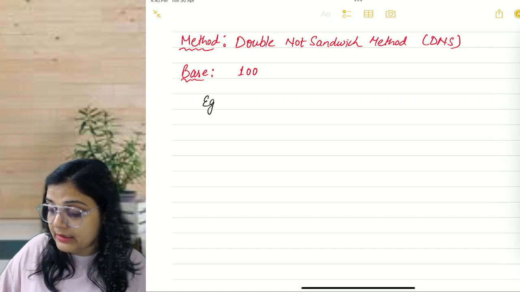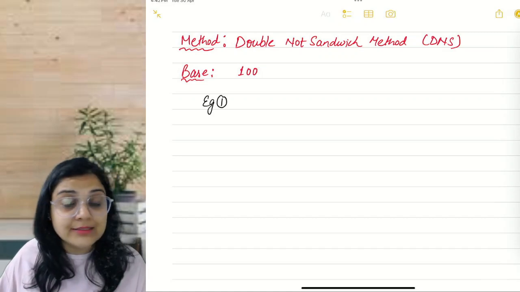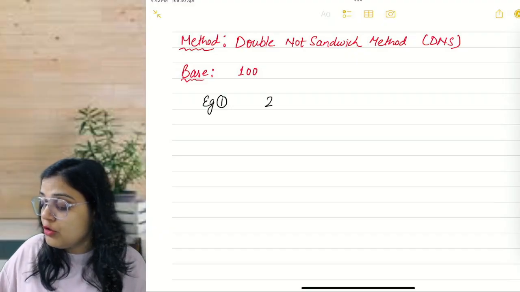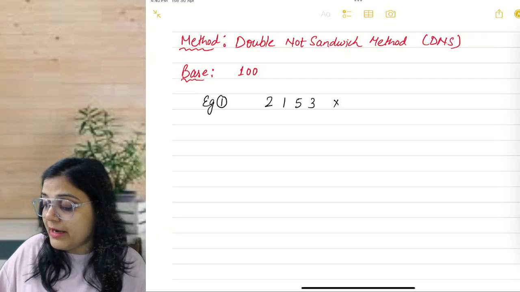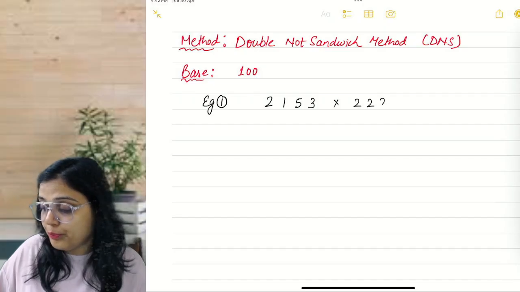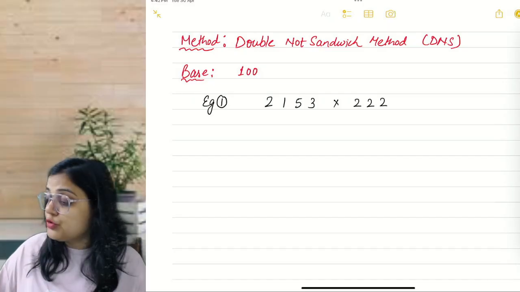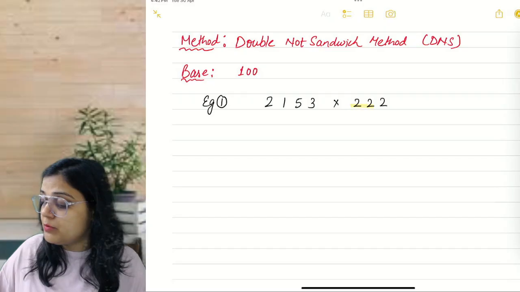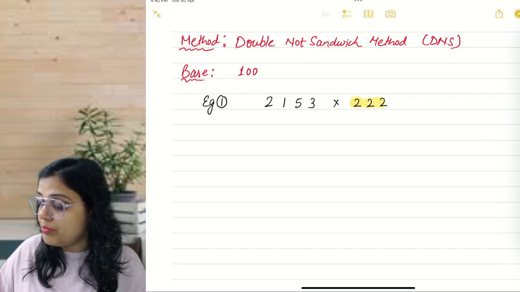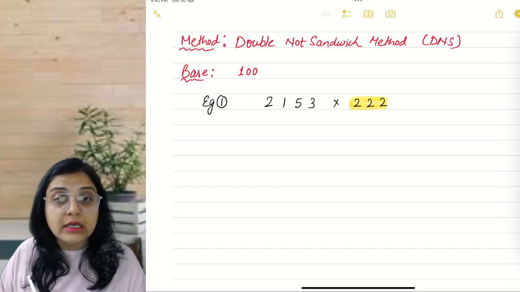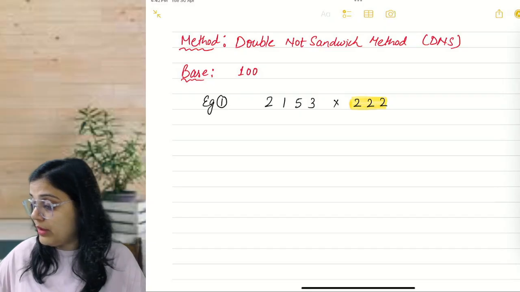I am taking an easy example in the beginning, as I told you. So I am taking 2153 multiplied by 222. Alright. So here the multiple of triple one is 222. Right. This is the multiple of triple one.